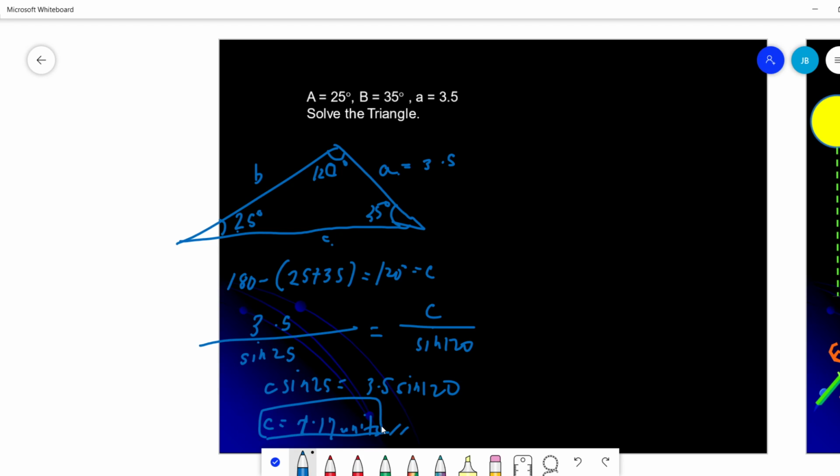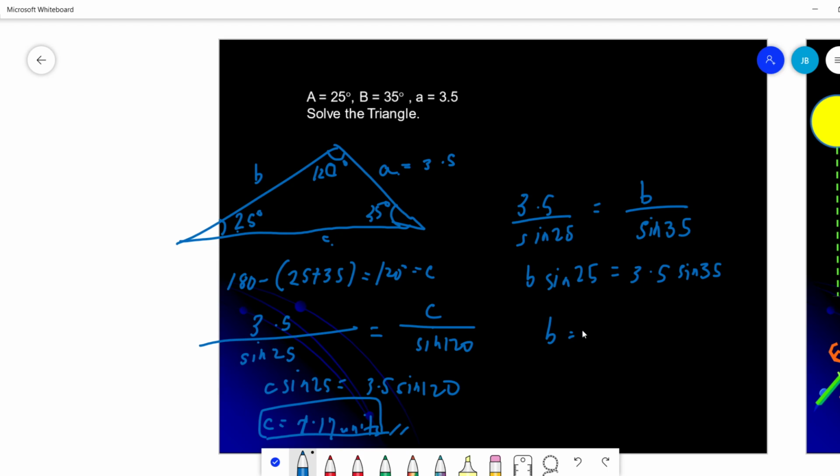So box our final answer. Now for side B, again let's use side A. 3.5 over sine 25 is equal to B over sine 35. Therefore, B sine 25 is equal to 3.5 sine 35.